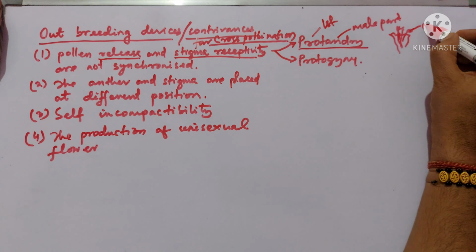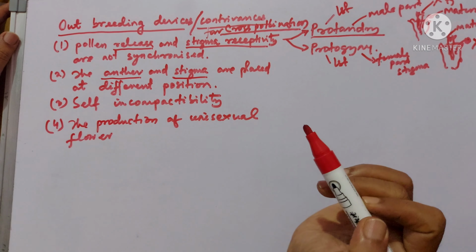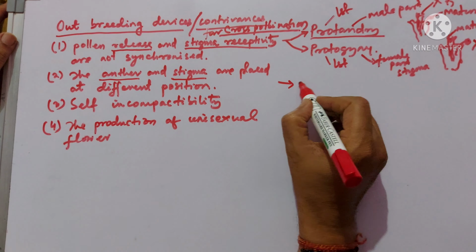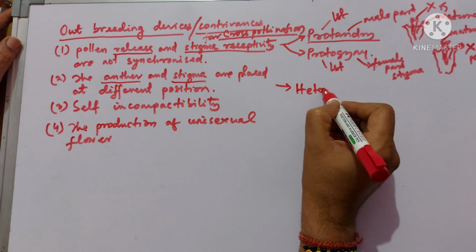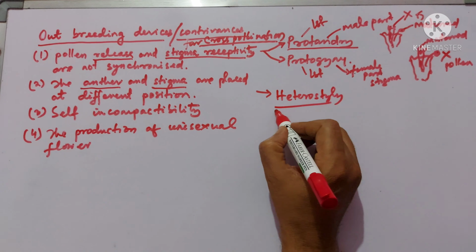Then another condition is also seen, that is, the anther and stigma are placed at different positions, which we call the heterostyly condition. So in heterostyly, what happens? Suppose this is the flower, the style is very short and the pollen-producing stamens are very large.